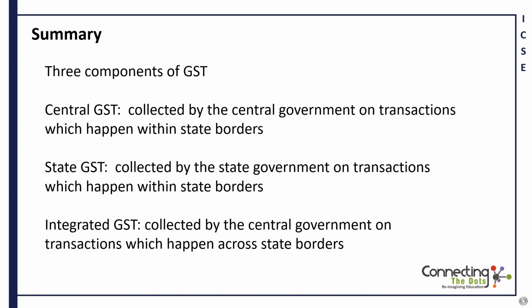Now GST is a tax regime that was implemented in India in 2017. It has three components: central GST, state GST, and integrated GST. The first two components apply in intra-state transactions, when it happens within a state, and the last component only applies in interstate transactions.